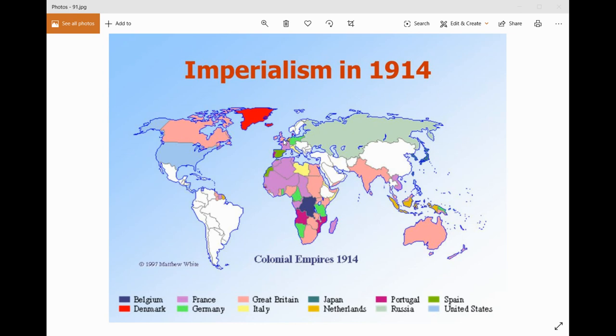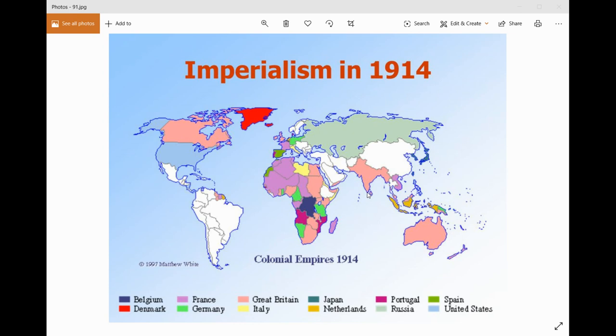Coal and iron are in abundance, but she's going to need more stuff. So England is going to start looking at other places that have the raw materials she needs. England might look to Australia or New Zealand or, oh my gosh, especially India. India is called the jewel in England's crown.